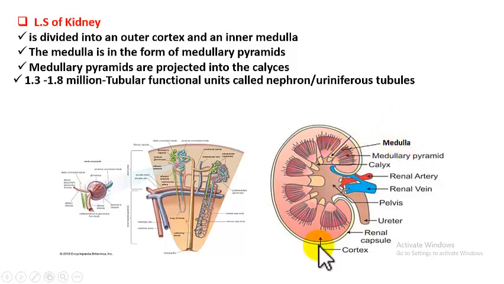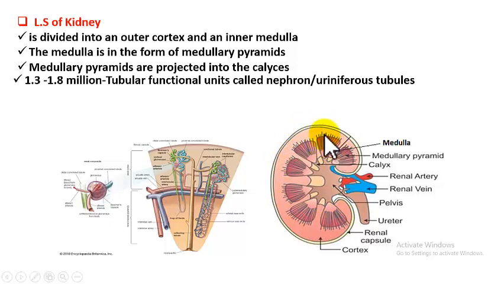But actually, students, cortex is dark in color, whereas the medulla is light in color. Understood? So it is reversed in the picture, but know that cortex is darker when compared to the medulla. So outer it is cortex, inner it is medulla.